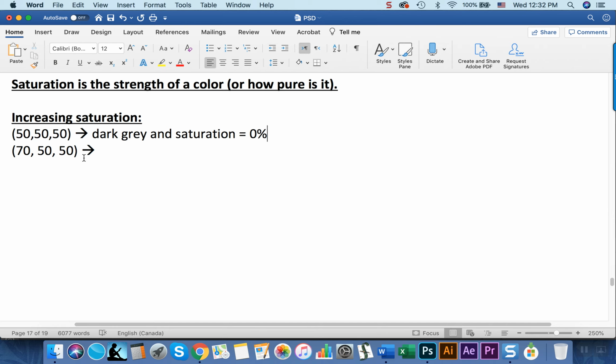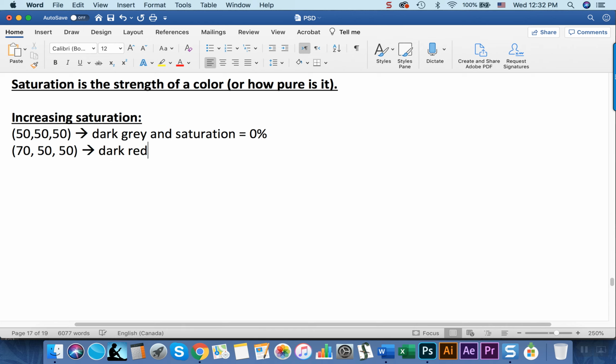Now I want you to visualize what happens if I change these numbers from 50, 50, 50 to 70, 50, 50, all right? Visually, what I've changed is I kept the green and the blue the same, but I went to the red and I added 20 units. The red used to be 50 and I added 20 units. So we cannot call this one dark gray anymore.